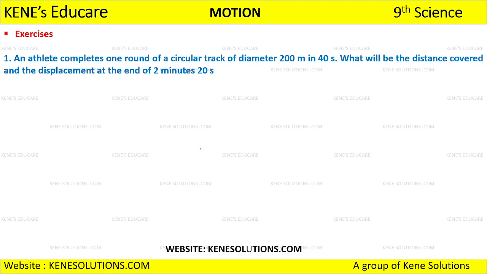So what will be the distance covered in 1 second? 200 pi divided by 40, because we have to calculate it for 1 second. So we'll divide that by 40, and then the distance covered in 2 minutes and 20 seconds, that is 140 seconds, will be 140 into 200 pi divided by 40 meters, and when you calculate that, you will get the answer as 2200 meters.